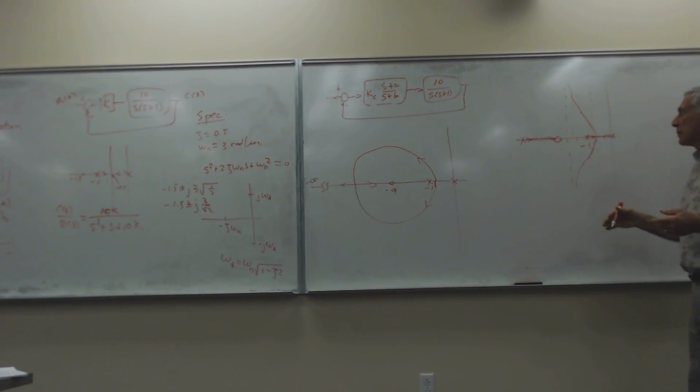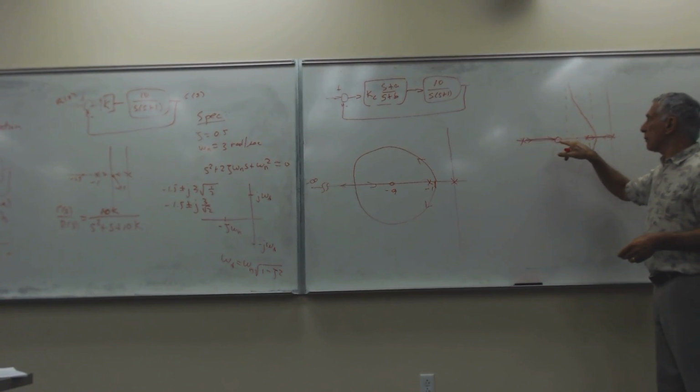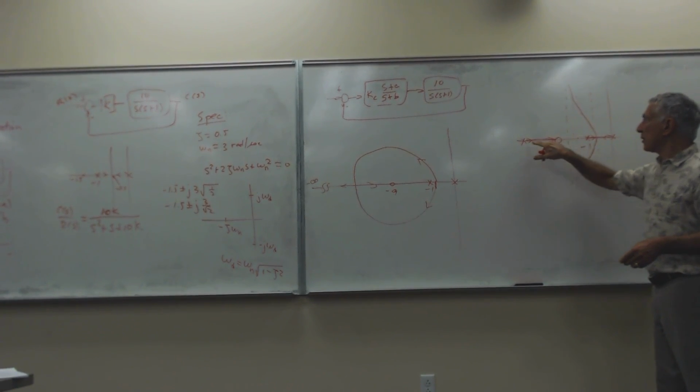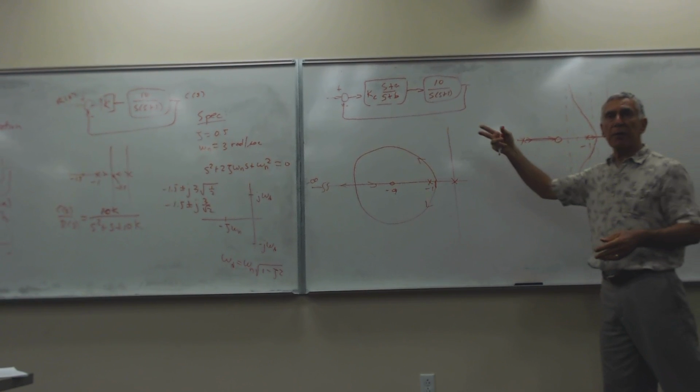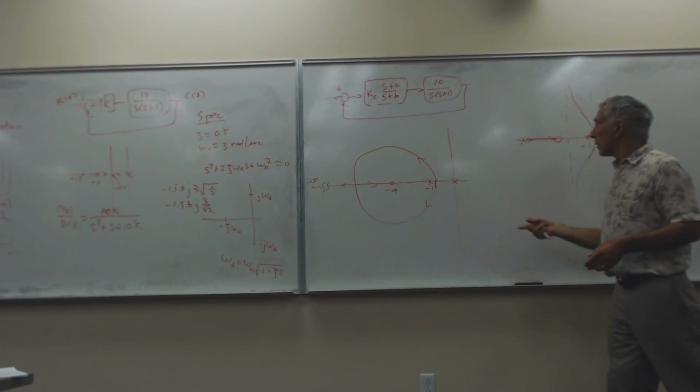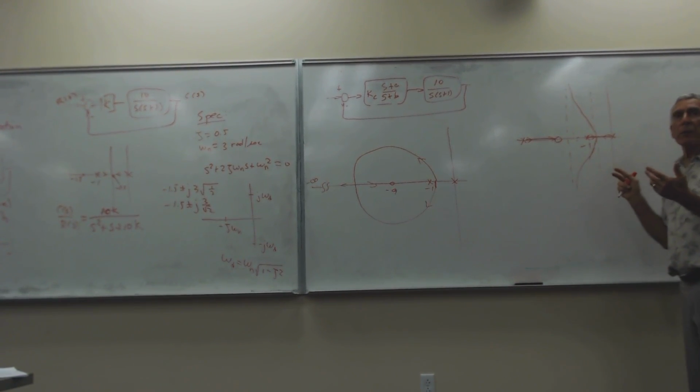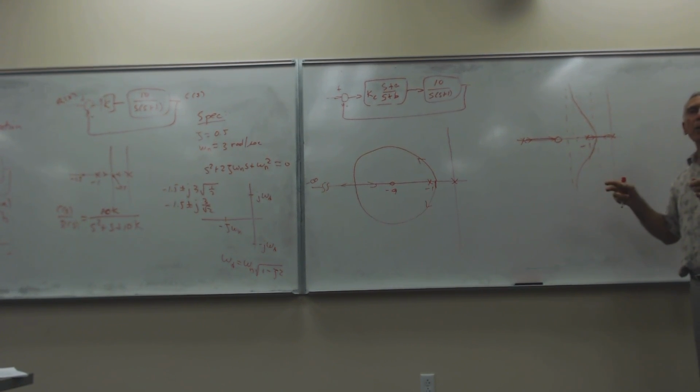Okay. So what we have to do is determine the location of the zero and the pole, such that we satisfy that specification there, okay? And what you can see here is that there are several possible solutions to this problem, right?